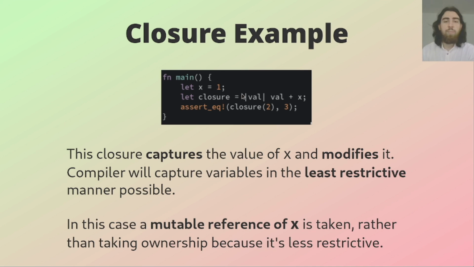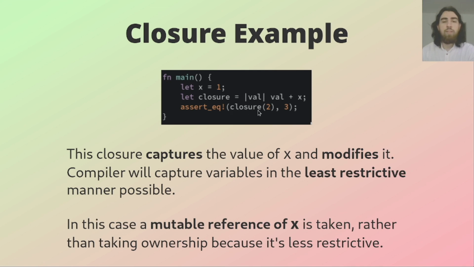So as you can see, the closure here is able to capture the value of x, something a function can't do, right? And we then assign this closure to a variable, meaning we then can call this closure, calling it like a normal function.